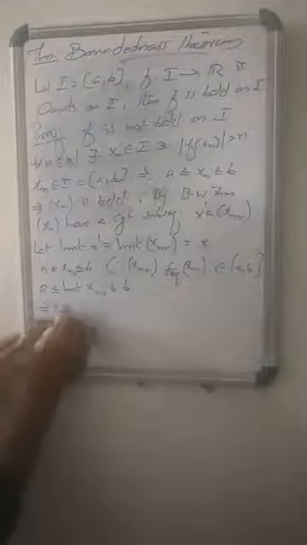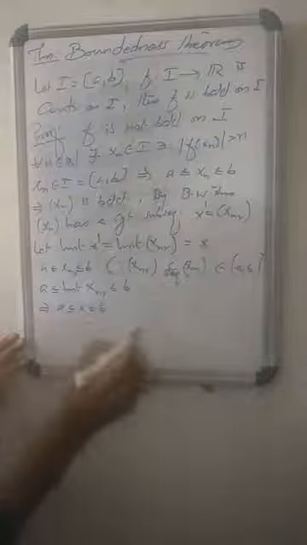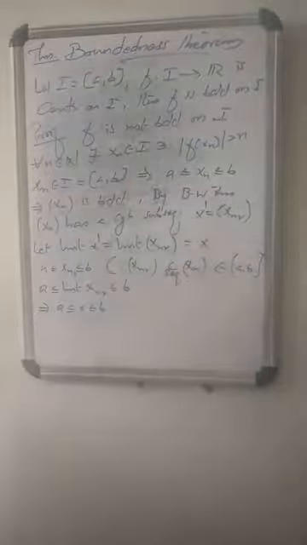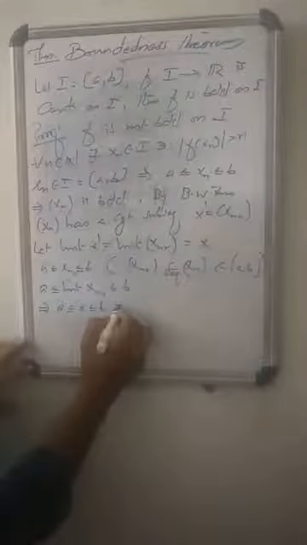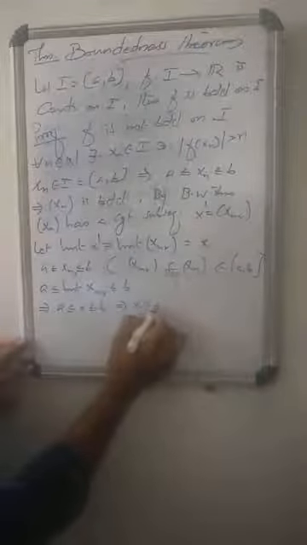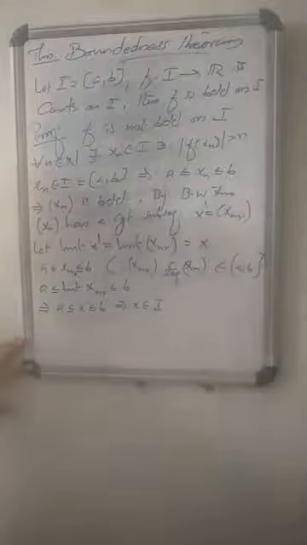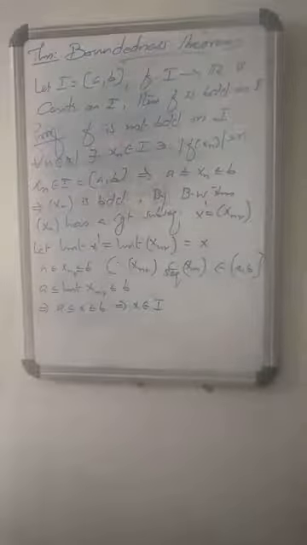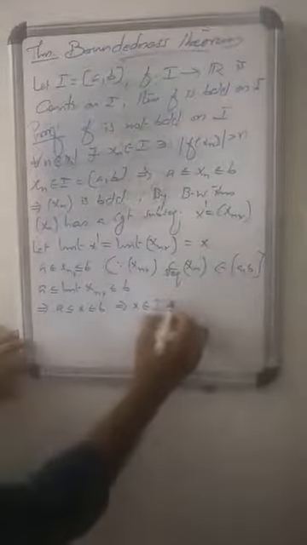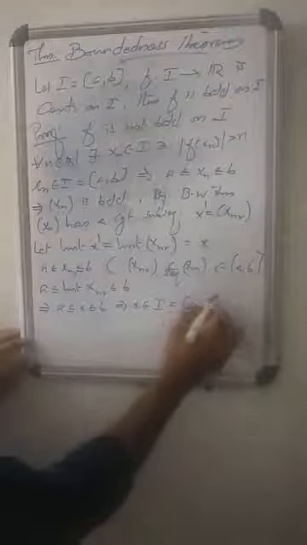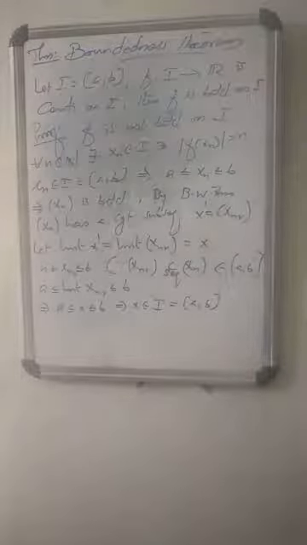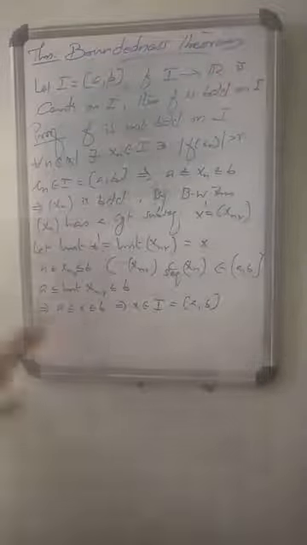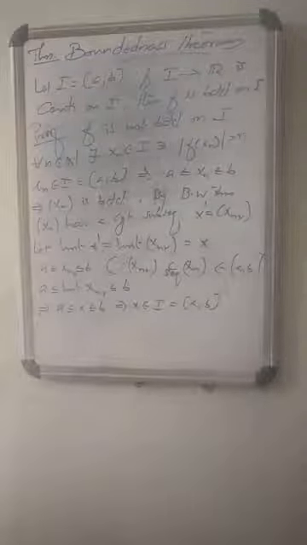That means a ≤ x ≤ b, so x belongs to the closed interval [a, b]. But the closed interval [a, b] is I, so x belongs to I itself.